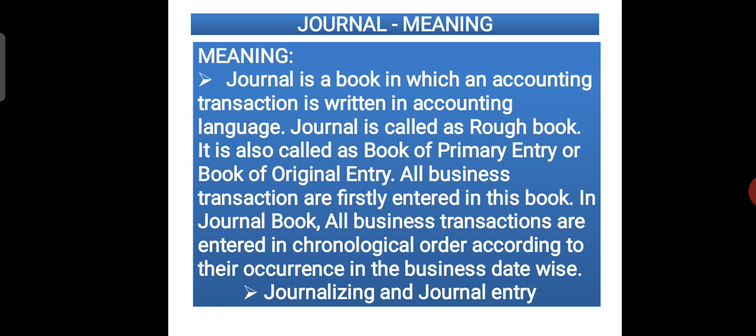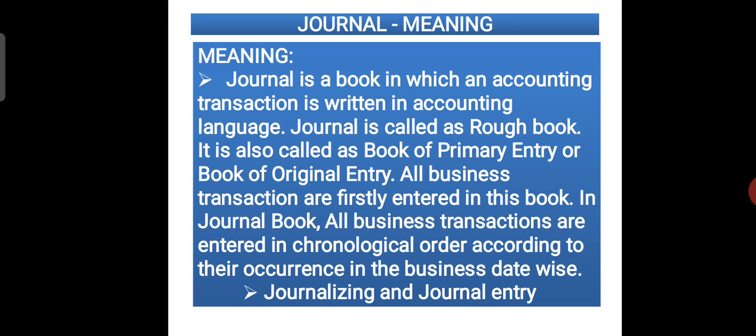Here we can understand clearly. See what is given here. Journal is a book in which an accounting transaction is written in accounting language. What does it mean, children? While recording the business transactions in the books of accounts, here in a journal, we use some specific terms.